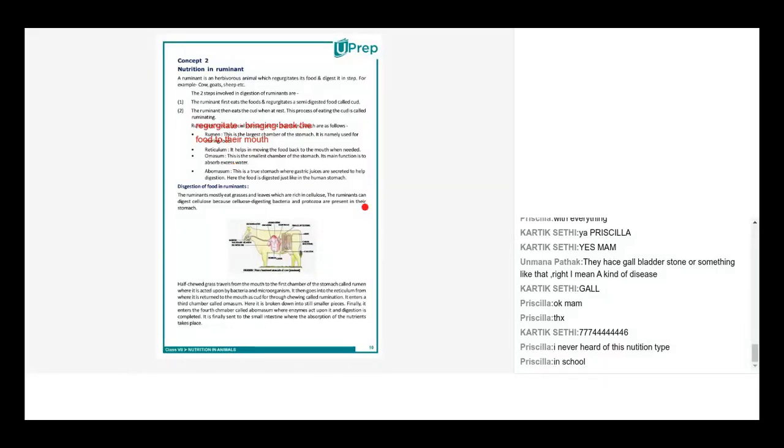So basically, cows, goats, sheep, whichever animals only survive on green grass and green leafy vegetables are called ruminants. Now there are 2 steps. What is the first step? The ruminants first eat the food.